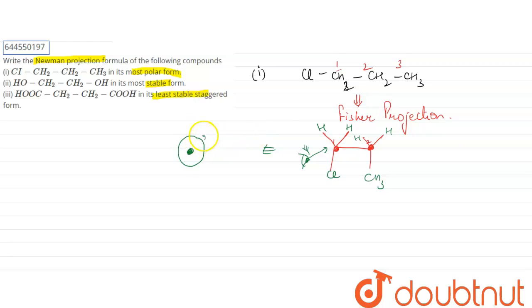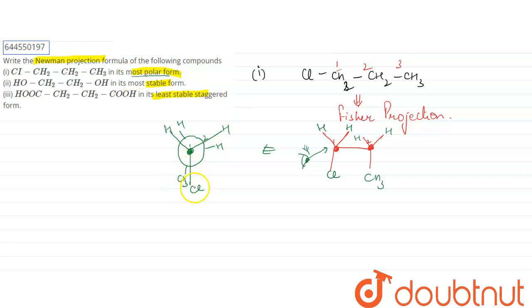On the first side what we have is hydrogen and chlorine, and on the second side we have the same hydrogen and CH3. And now they have asked us to make the formula in its most polar form.